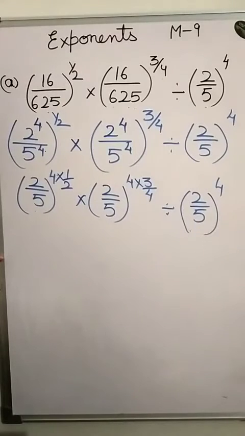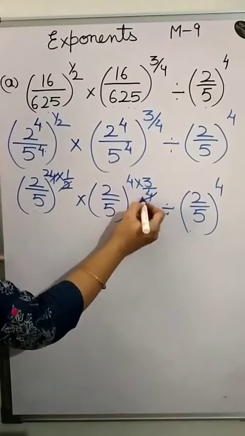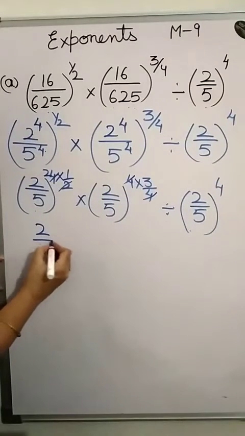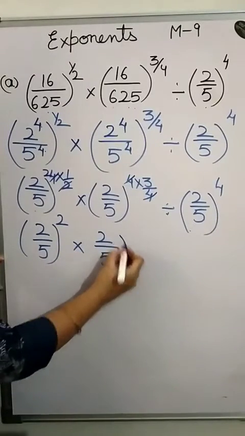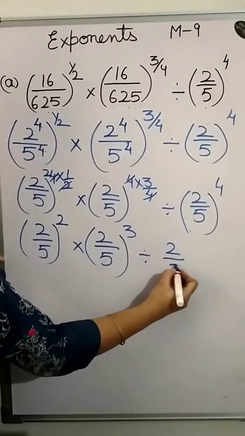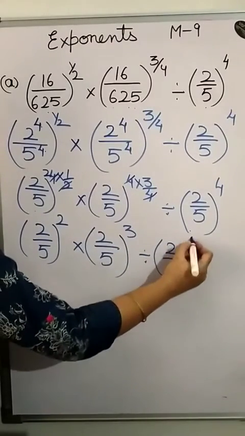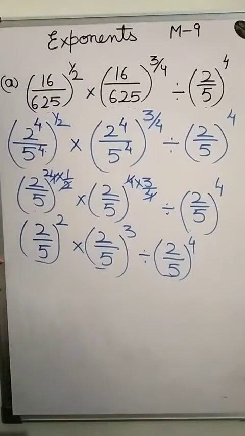Now all the bases are the same, and this we can cut. So it becomes (2/5) to the power 2 multiplied by (2/5) to the power 3 divided by (2/5) to the power 4. Now all the bases are same.